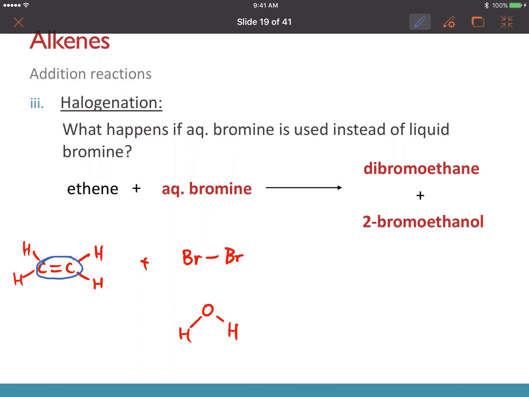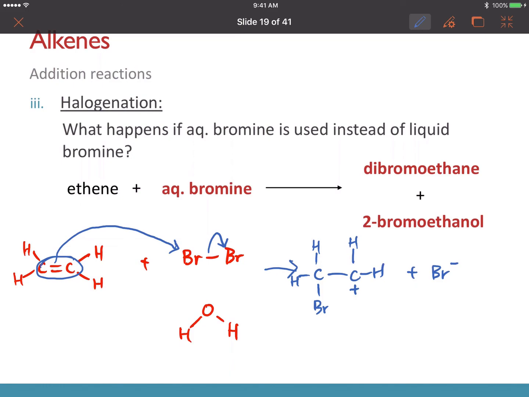So what happens is, if the bromine molecule goes near enough to meet it, the electrons will move towards one bromine, and what we'll get in the intermediate is like this with a Br minus.